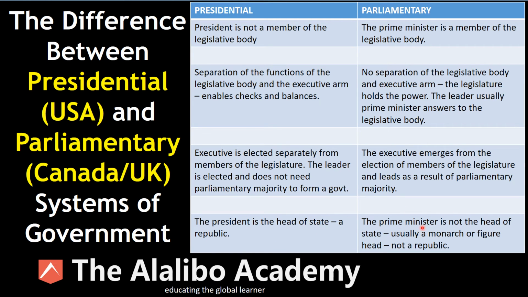On the other hand, under the parliamentary system of government, the prime minister is not the head of state. Usually a monarch or a figurehead is the head of state, and these countries are not republics, because the head of government is not the head of state. So, for example, in Canada, the head of state is the Queen, the monarch in England, and she has representatives in Ottawa holding the title of Governor General at the federal level.